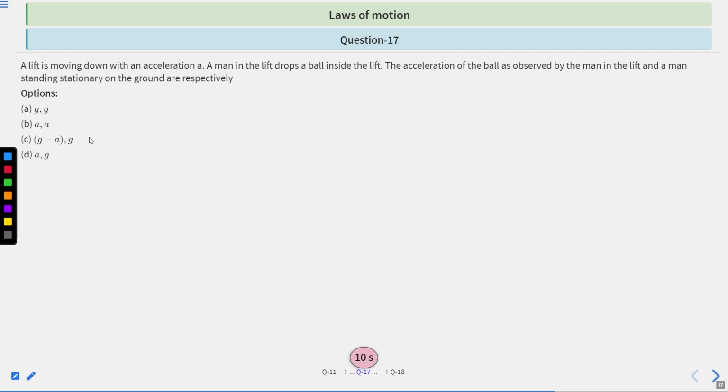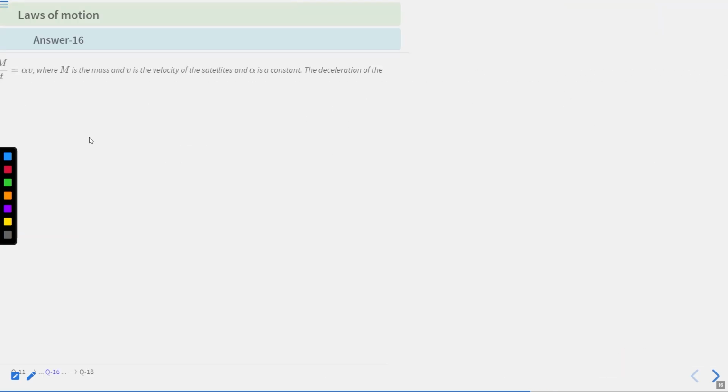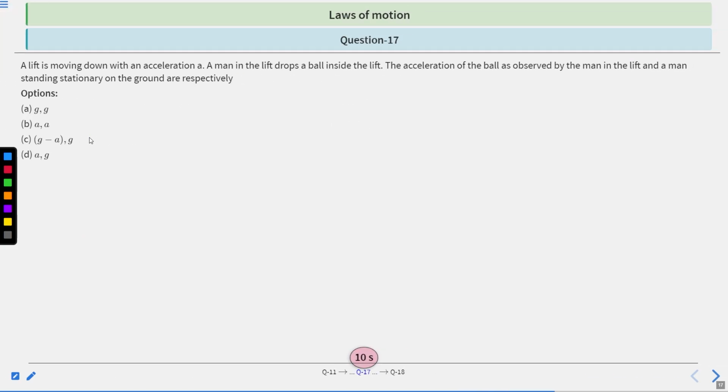Next question. 17th question. A lift is moving down with an acceleration a. A man in the lift drops a ball inside the lift.